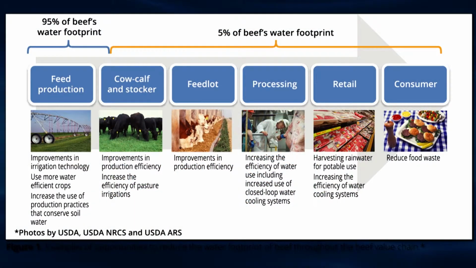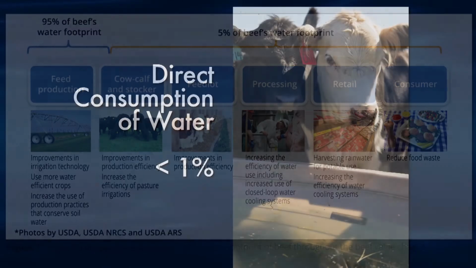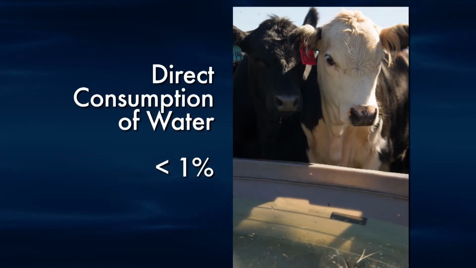Other management and technology changes that target feed production can also have an effect on the water footprint of beef. This is because feed production represents about 95% of the total water footprint of beef when considering the entire beef production chain. The direct consumption of drinking water by cattle represents only about 1% of the beef water footprint.